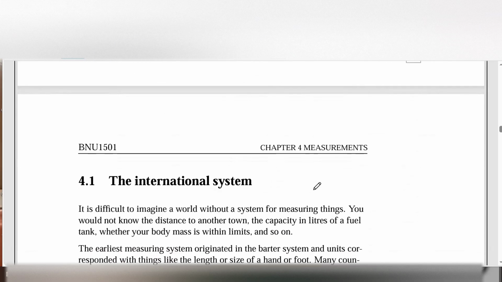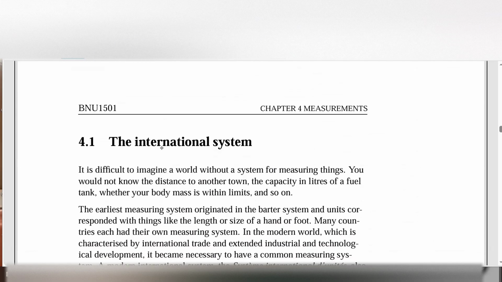So first things first, we have what we call the international system. Sometimes this international system is normally abbreviated as SI, from Système International in the French version of it. It is difficult to imagine a world without a system of measuring things. You would not know the distance to another town, the capacity in liters of fuel in the tank, or whether your body mass is within the limit or not.